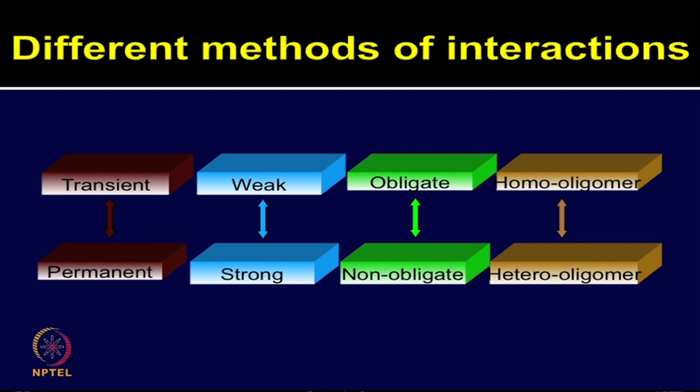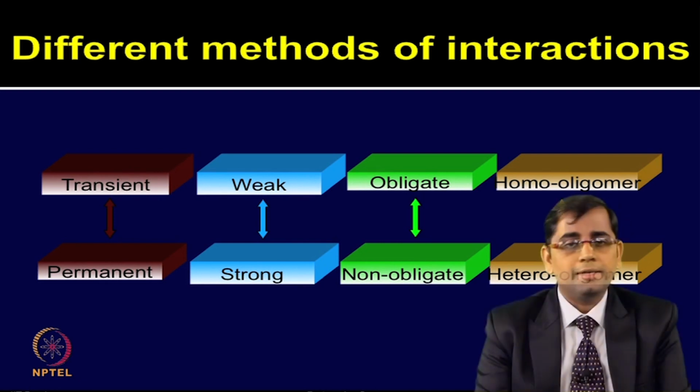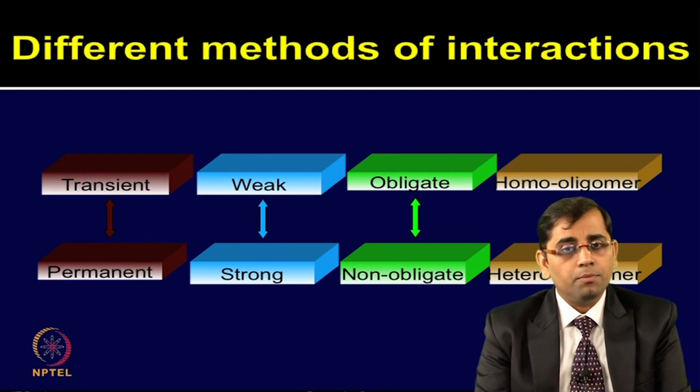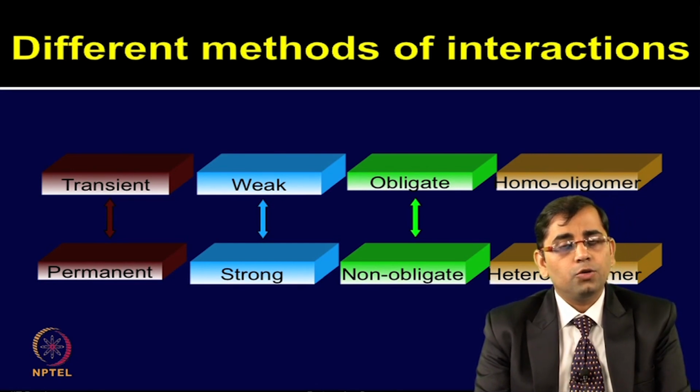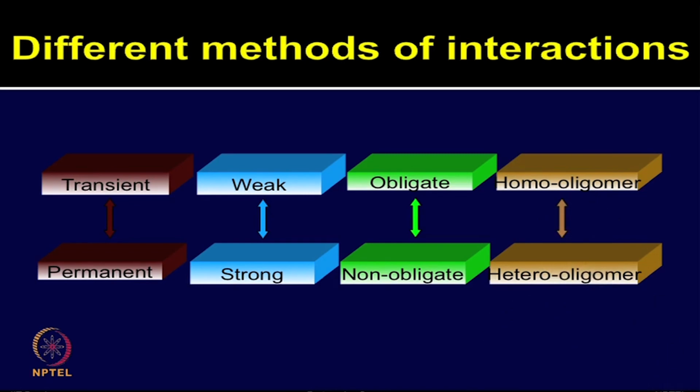Interactions can also be obligate or non-obligate. They can form homo-oligomers as well as different kinds of oligomeric units to combine and form hetero-oligomers. So, from this discussion, you would have got a glimpse of the complexities involved in protein interactions.